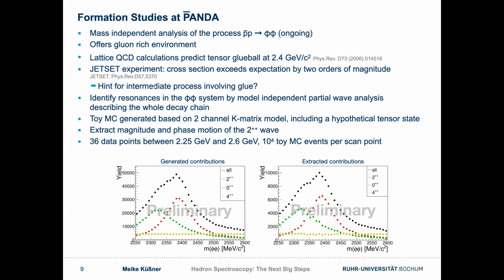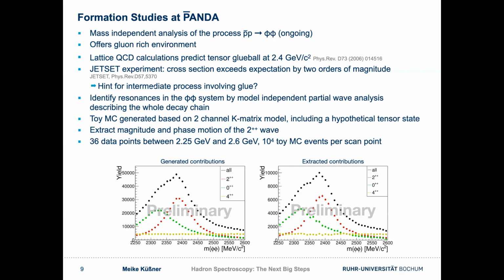The idea here was to study whether it is possible to identify resonances in the phi phi system by a model-independent partial wave analysis describing the whole decay chain. For this process, toy Monte Carlo data were generated based on a two-channel K-matrix scenario, including a hypothetical tensor state.